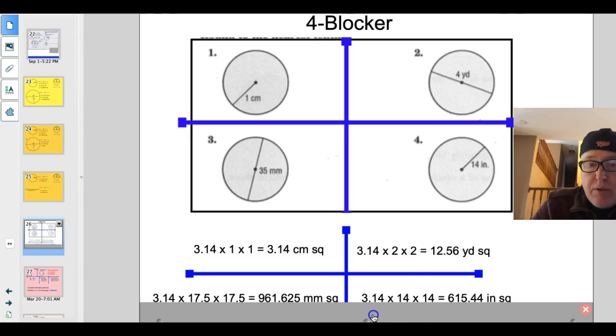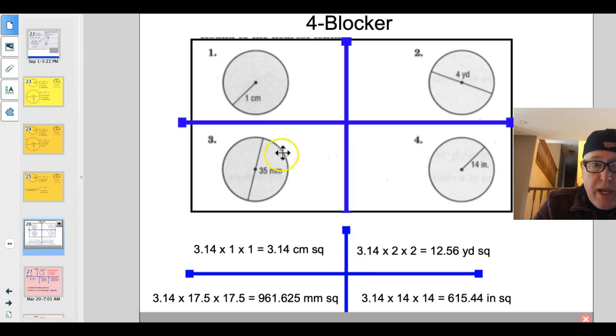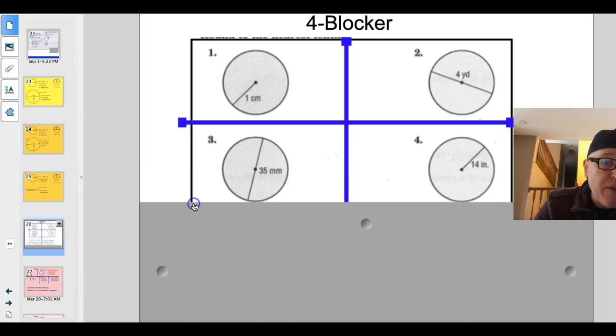Okay, down here, number 3, we have 35 millimeters is the diameter, so I have to divide that by 2 to get my radius of 17.5. Pi r squared, 961.625 millimeters squared. And over here we have a radius, so I can just do pi r squared, 615.44 inches squared.